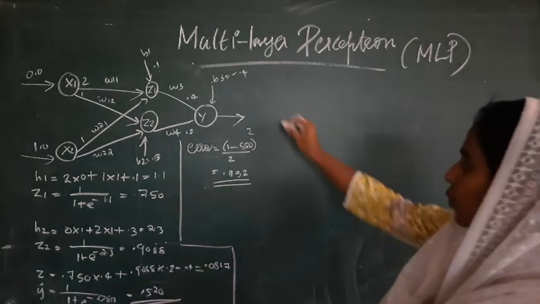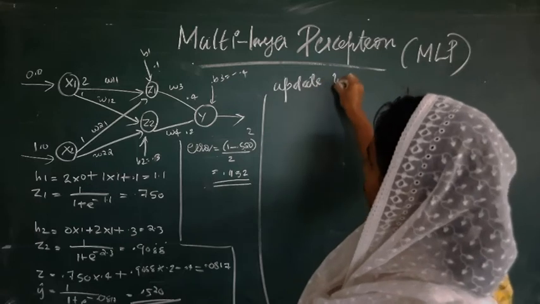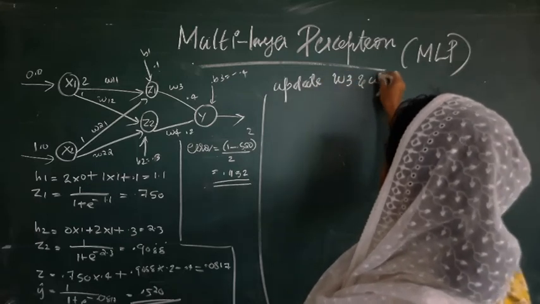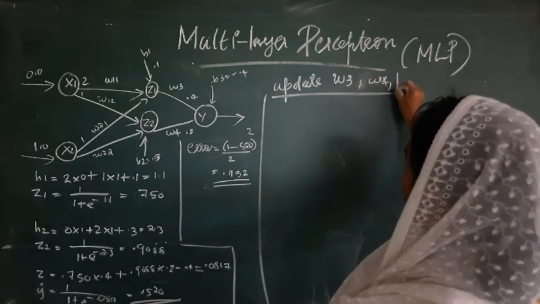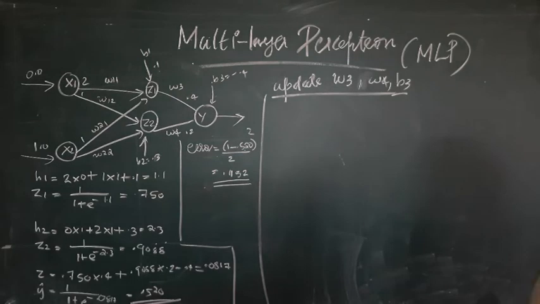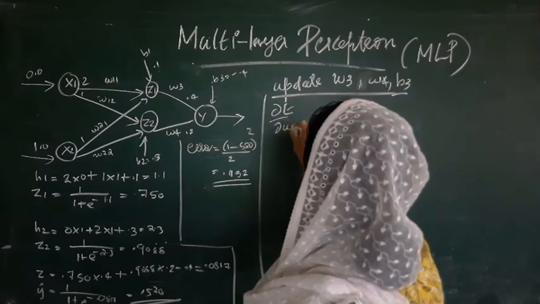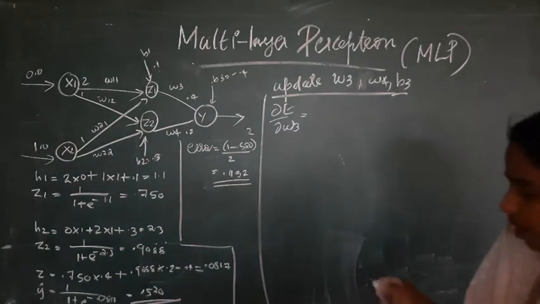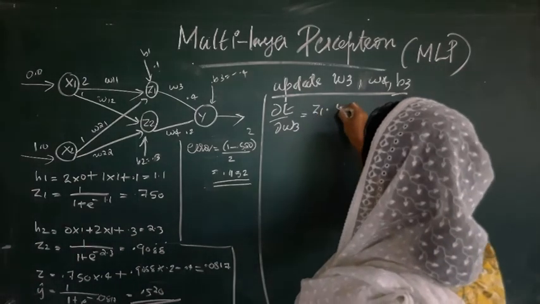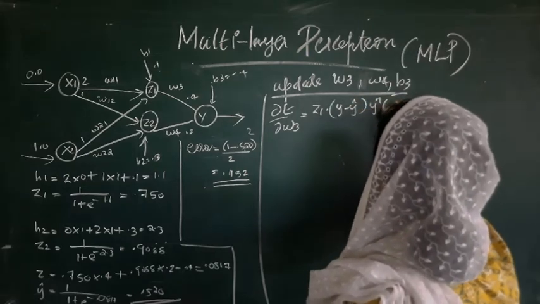Now you have to update W3 and W4 first, and then B3. These are the weights and biases in the final layer. By going by the equations that we had earlier, for W3 it is z1 into y cap minus y into y cap into 1 minus y cap.